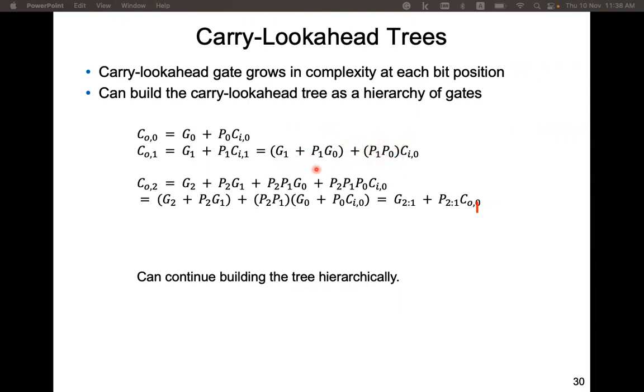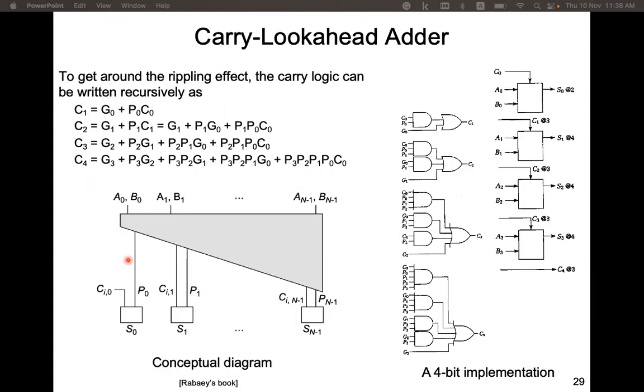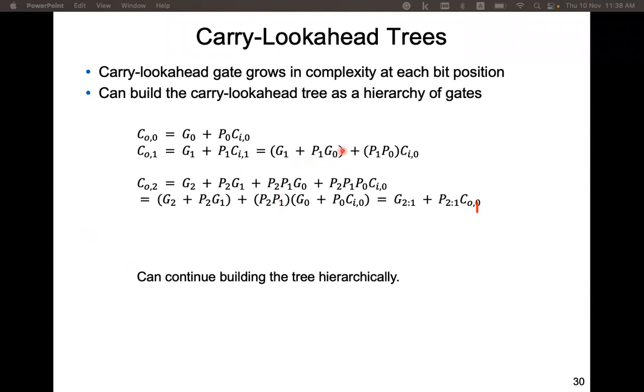A group propagate and a group generate is like this. Here we have this standard format.